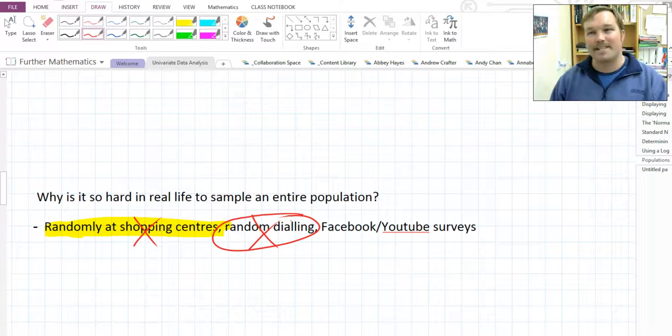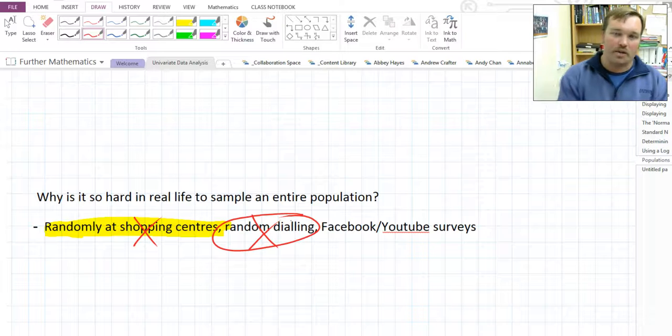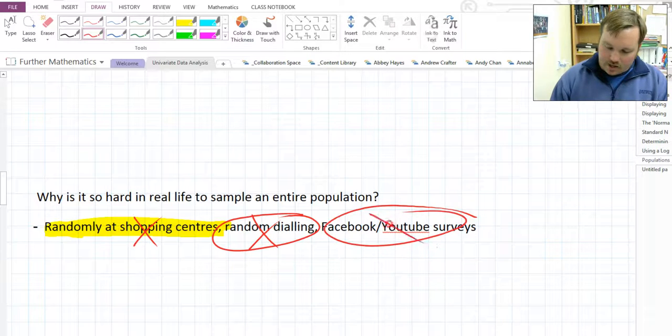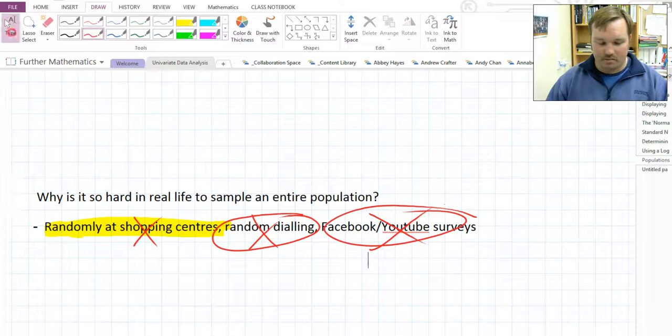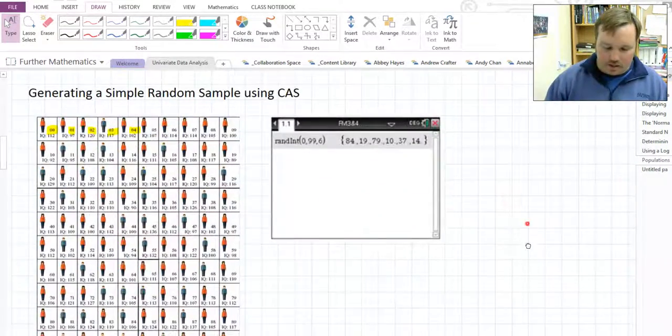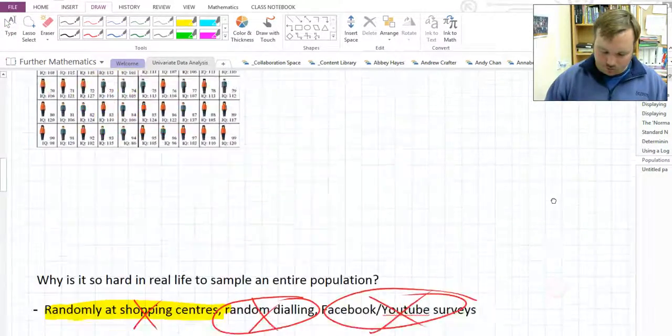Once again, it's the younger people that tend to be there. You won't get the older people's views. Sampling is so hard, and this is why many pollsters failed to predict Hillary Clinton would lose, Trump would win, because getting a sample that matches the population is incredibly difficult. Fortunately, at our level, it is quite easy with our sample.